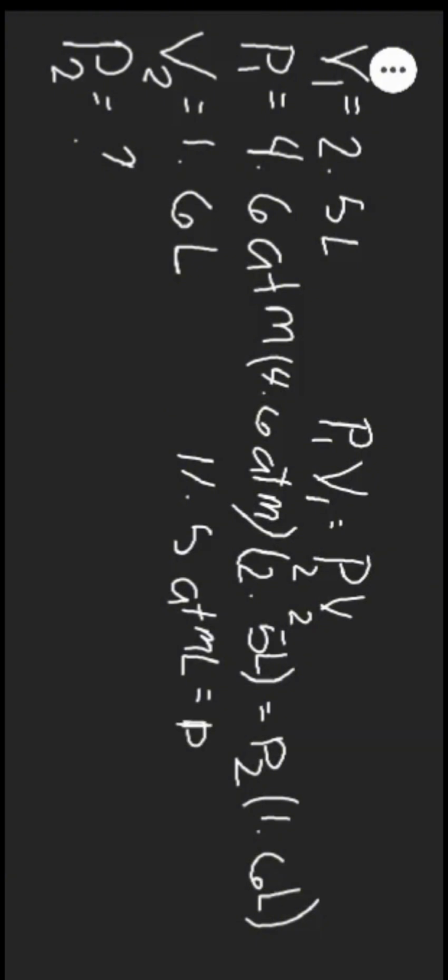So now, to solve for P sub 2, we've got to divide both sides by 1.6 liters.